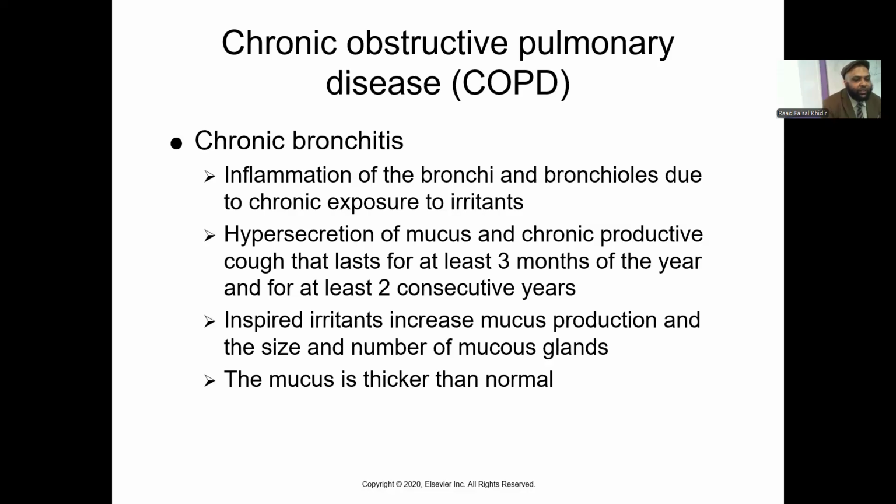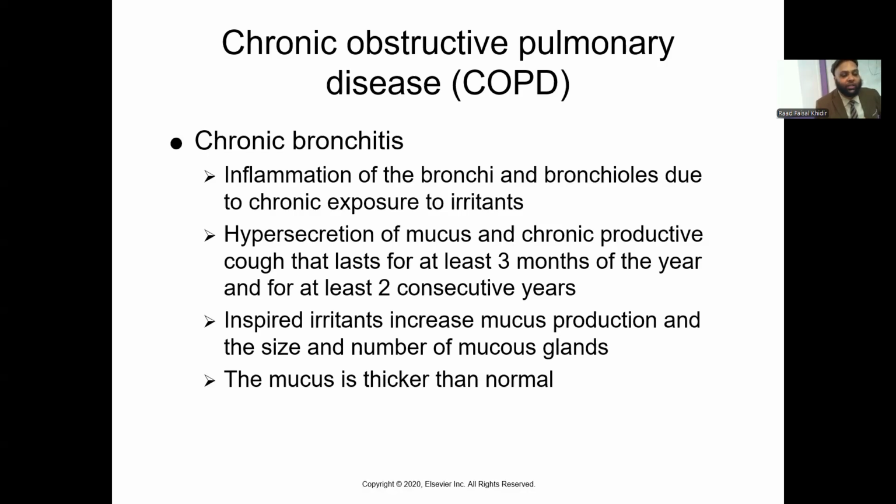So this is the criteria to distinguish between chronic bronchitis and emphysema. There's hypersecretion of mucus and a chronic productive cough lasting for at least 3 months of the year for at least 2 consecutive years. So the patient has to report that within the past 2 years, they had a productive cough with mucus for more than 3 months.